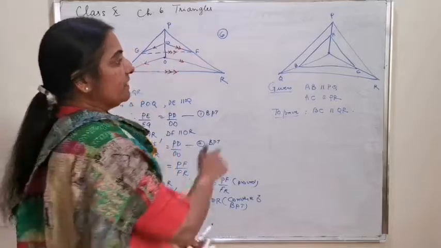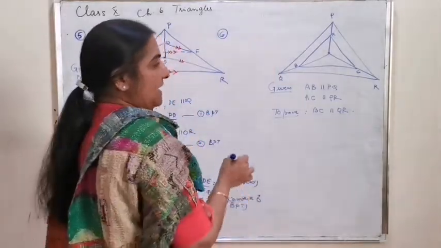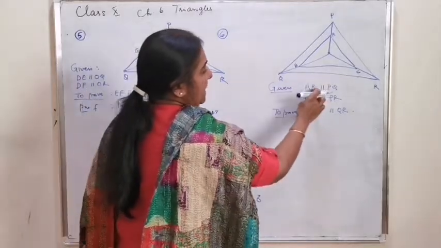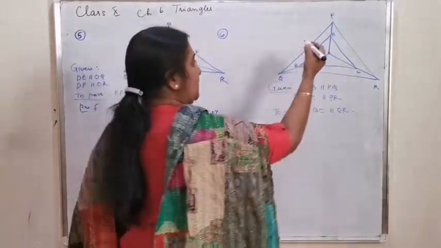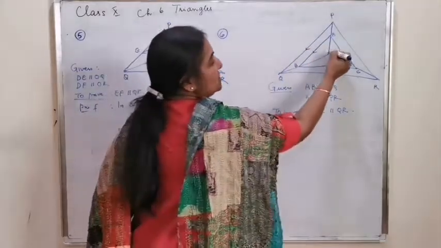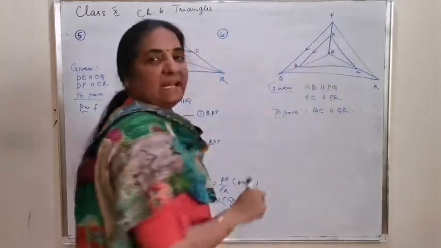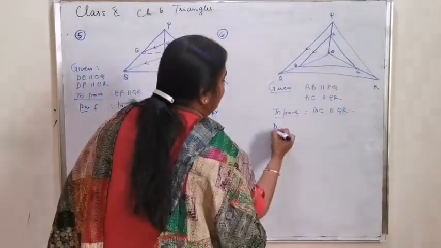Similarly, the same method you can use to prove this triangle, as given AB parallel to PQ. AB is parallel to PQ, which shows that PQ is the base and AB is the parallel line. Proof.